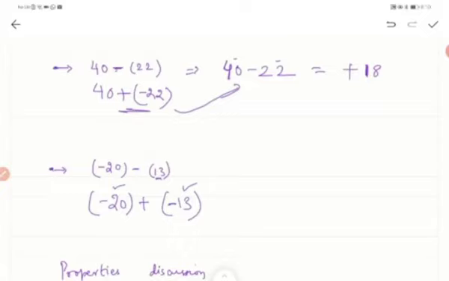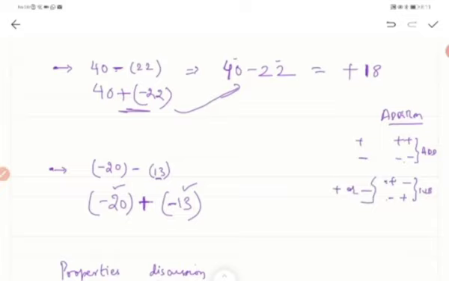Whenever one is positive and the other is negative, you will subtract. This is the rule for addition. We have done so many problems, and the output sign will be positive for two positives, negative for two negatives, and for mixed signs it depends on the larger integer, positive or negative.